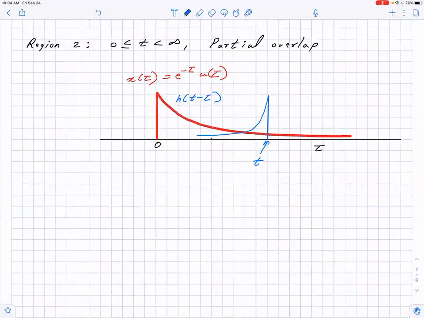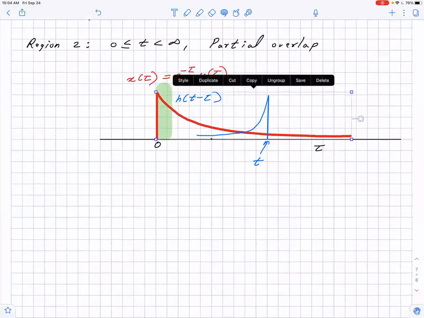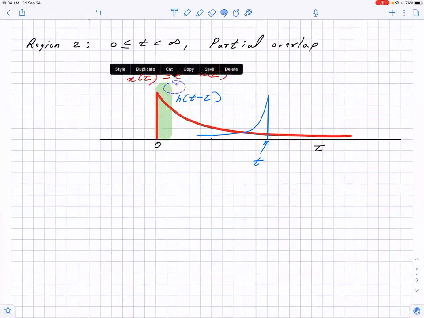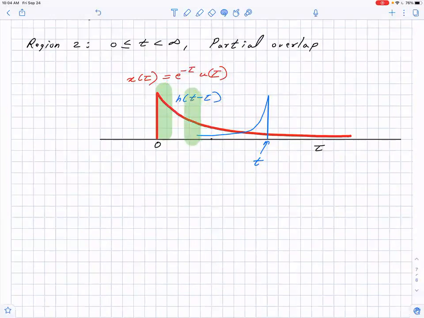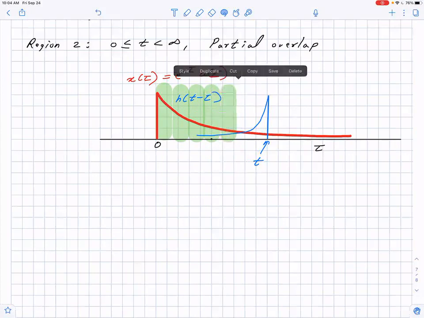Now we need to find the overlap range. So the overlap begins at the left end of the red function, and it ends at the right end of the blue function. So this whole region, which we're going to shade, right?